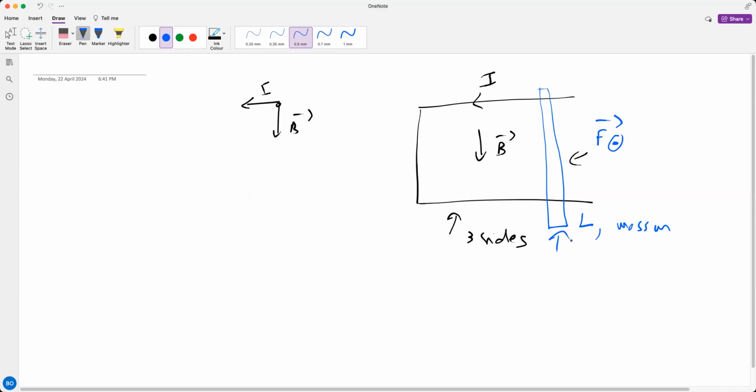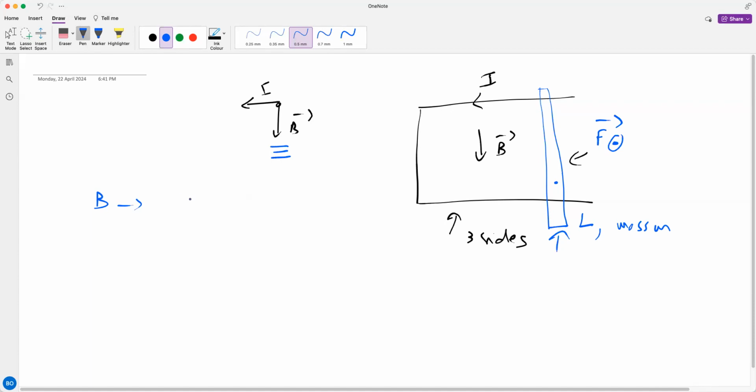Now, if this rod is not glued to the 3-sided black rectangular one, then at a certain point, if the strength of the magnetic field is enough, this rod can be lifted. And if it is lifted, there will be no contact, and then the current will be 0. And of course, it will fall down. So the idea here is, what will be the magnetic field needed to lift the rod?